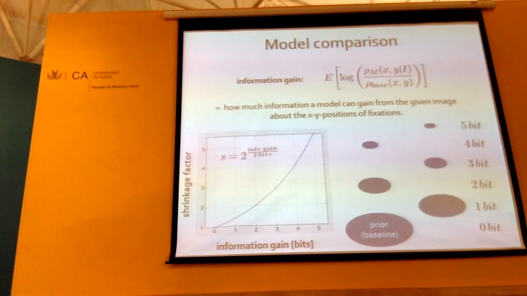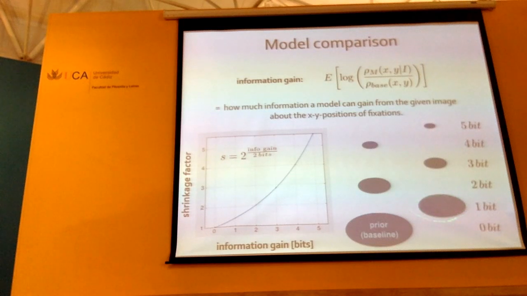To give you also an intuitive account of what it means to measure the information gain. Imagine your prior distribution is a uniform distribution within this ellipsoid, and now you have one bit of information explained by the model. That would correspond to a shrinkage of this uncertainty where people look by a factor of 2 to the 1, divided by 2 bits.